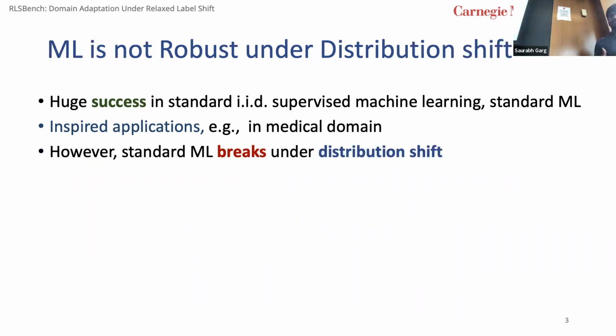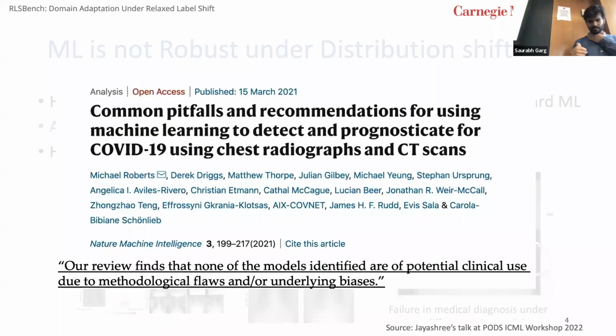However, this success is usually restricted to IID settings, and it is now well understood that standard machine learning breaks under distribution shifts. Many articles highlight pitfalls in how these models fail under distribution shift.